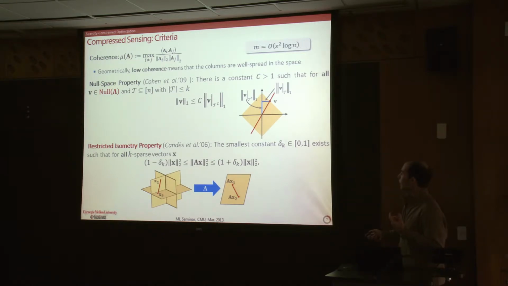If you think of it for 2K sparse vectors, it means that if you take any pair of K sparse vectors, the distance between these two points is going to remain almost the same under the application of this matrix A.